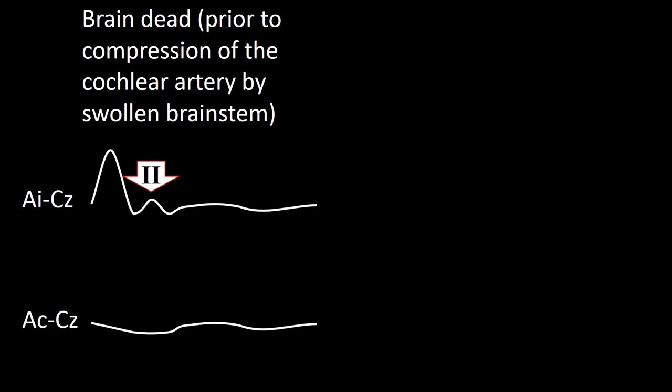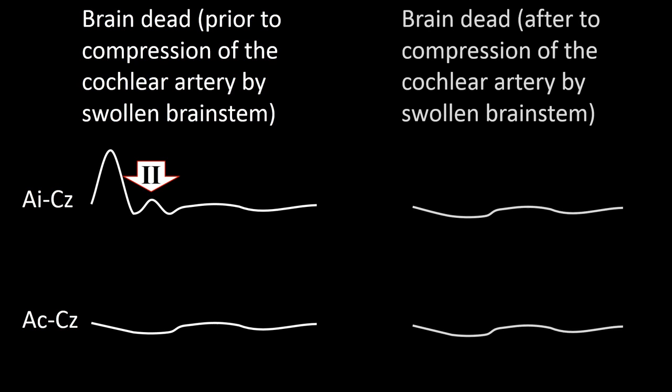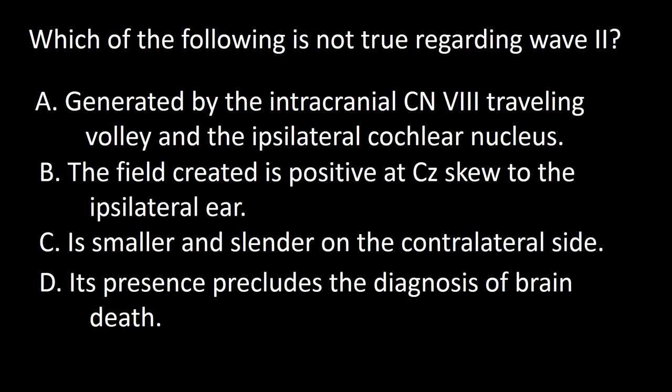That is so because the component of wave 2 that is ipsilaterally present is that of cranial nerve 8 before it reaches the brainstem. It's interesting that those waves disappear once the cochlear artery is compressed. So the answer to this question is D.